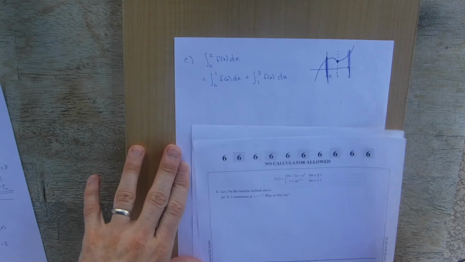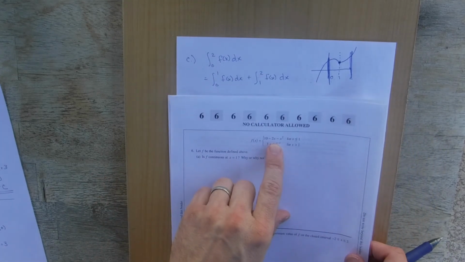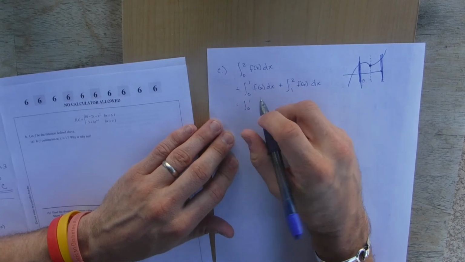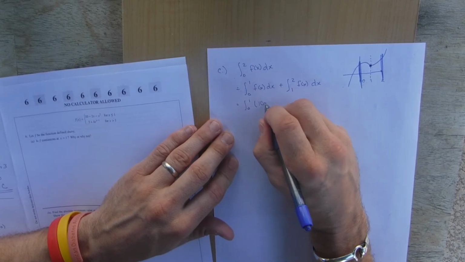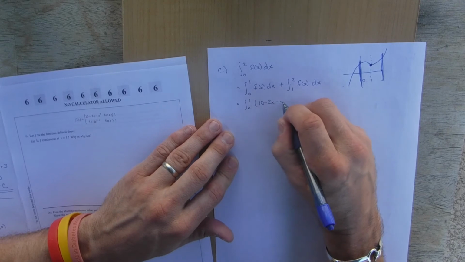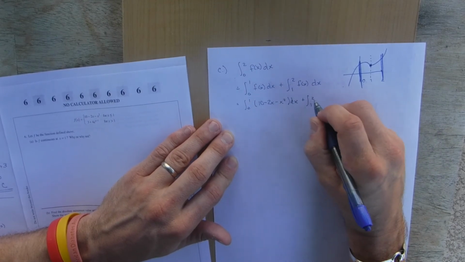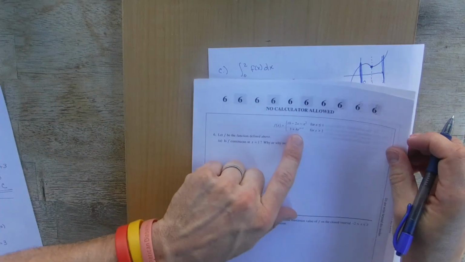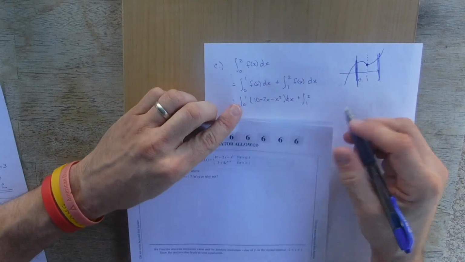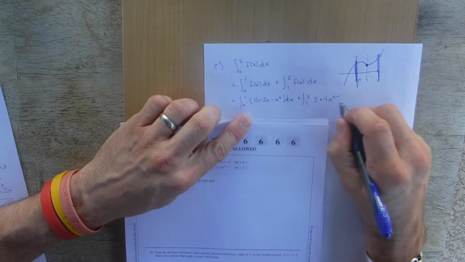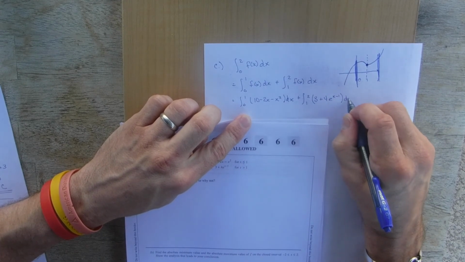Okay, so 0 to 1 would be this top equation. So this is going to be the integral from 0 to 1 of 10 minus 2x minus x squared dx plus 1 to 2 of, it's going to be the one bigger than 1, so that's going to be the 3 plus 4e to the x minus 1 dx.